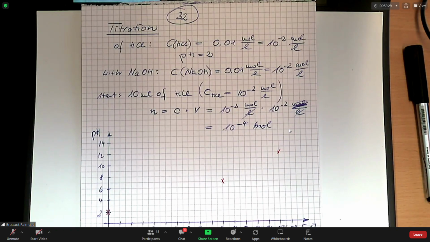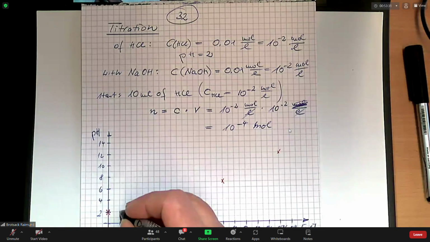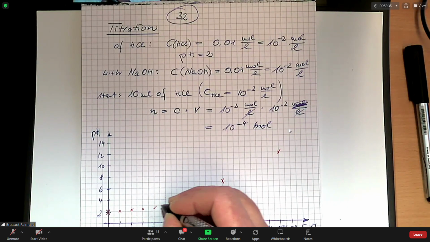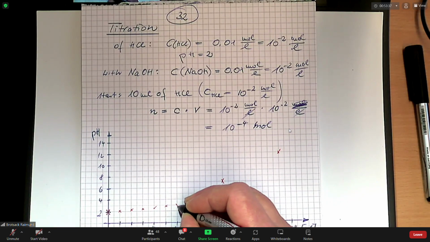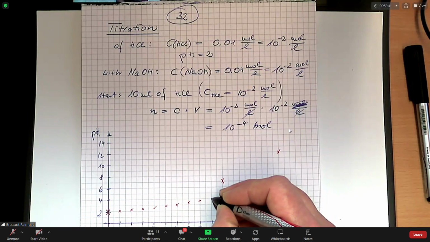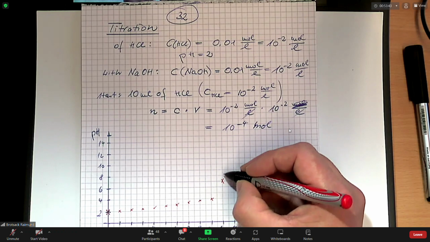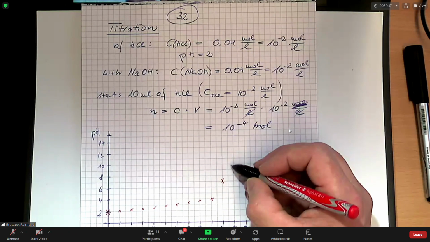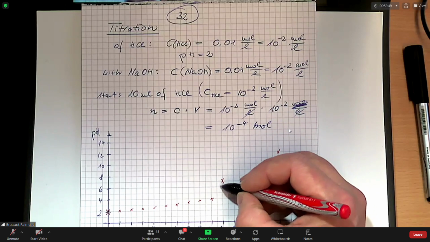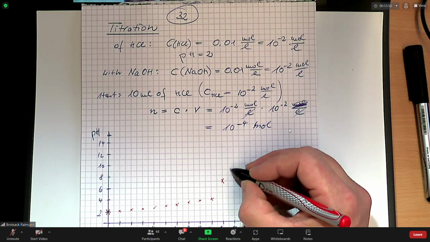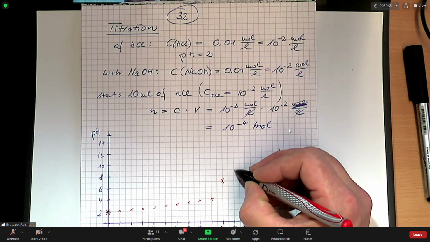And the curve looks like that. It slightly increases, and then we have a dramatic increase near the neutral point, and then it starts to become alkaline.